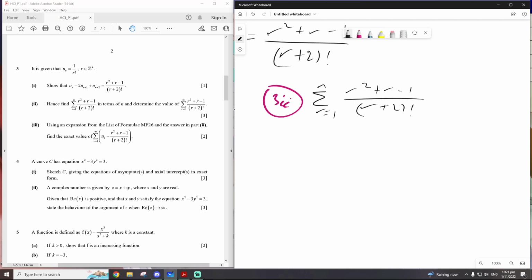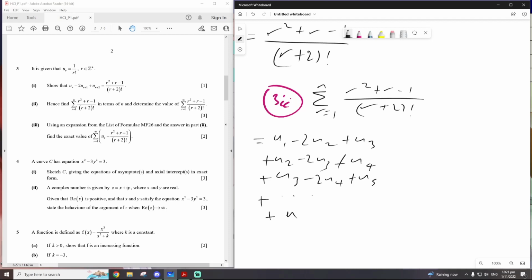We notice that this is actually the sum of UR minus 2 UR plus 1 plus UR plus 2. So that we get the following. We'll get U1 minus 2U2 plus U3 plus U2 minus 2U3 plus U4 plus U3 minus 2U4 plus U5. And, well, you can see where this is going.